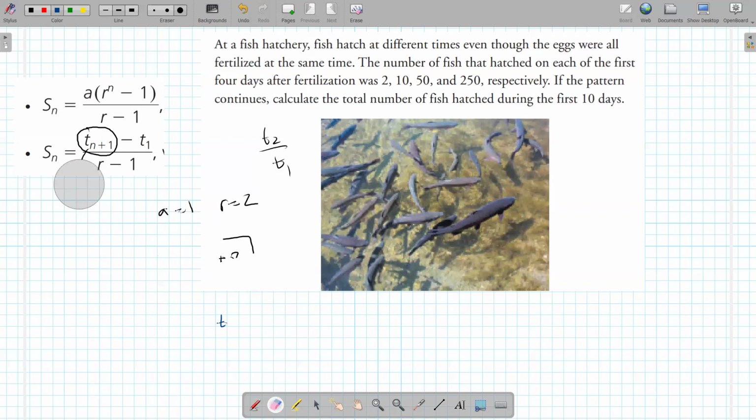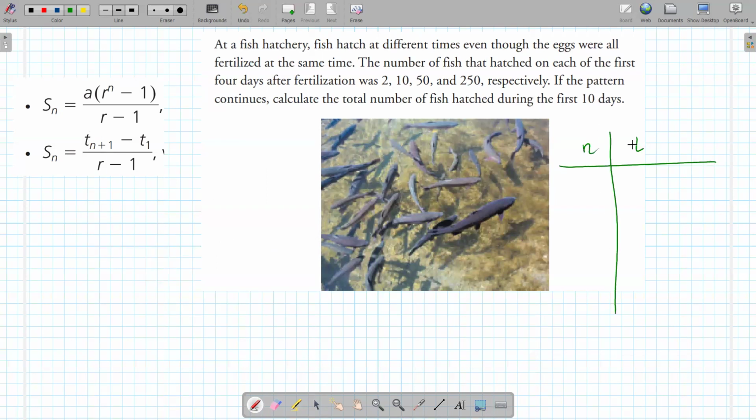So let's read this question. There's a hatchery, and the question gives the number of fish hatched on the 4 days. Here we have N, and then we have Tn. On day 1, we had 2 fish. Day 2, we had 10. Day 3, we had 50.